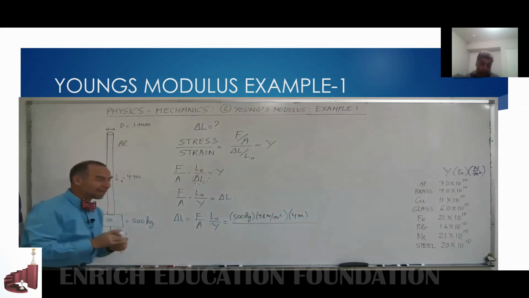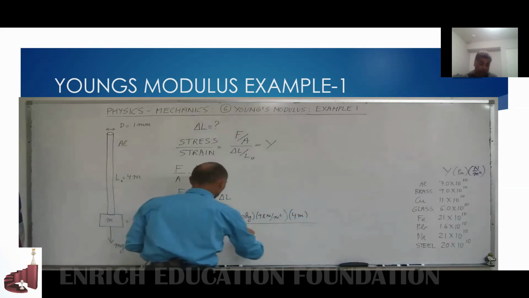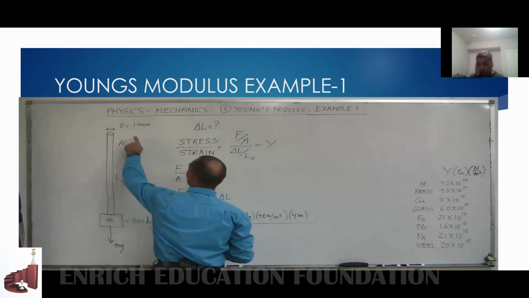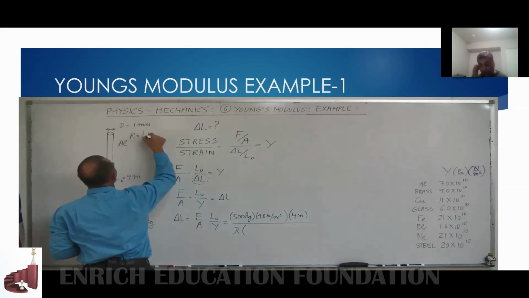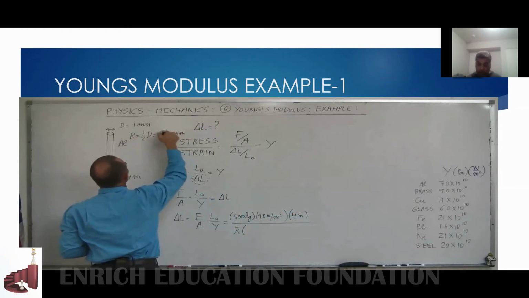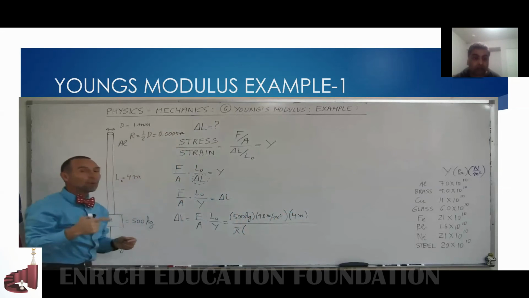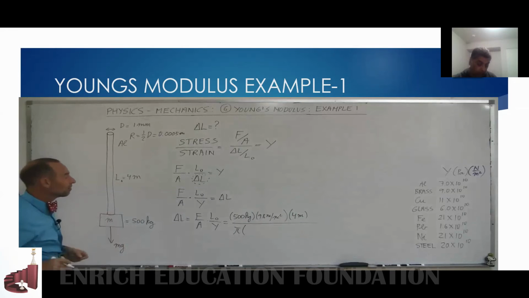Now, it looks like it's a wire, has got a round cross-sectional area, circle cross-sectional area, so the area would be pi r squared. So pi times the radius, which is half the diameter, 1/2 d, which is equal to 0.0005 meters. Notice that a millimeter is 0.001 meter, but half of that is 0.0005 meters.